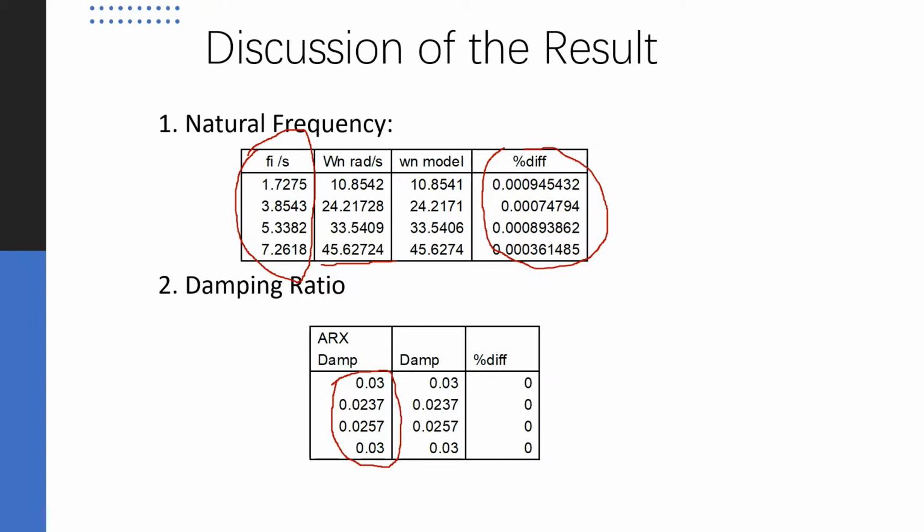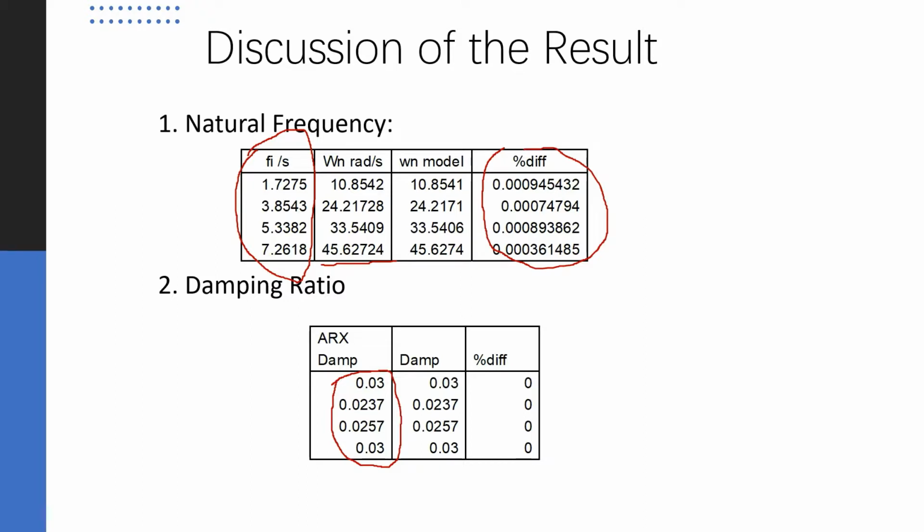One interesting thing we found during the modeling process is that when we change the displacement history for degree of freedom 1 into degree of freedom 2 or 3 or 4, the natural frequencies that come out from the ARX function basically don't change.